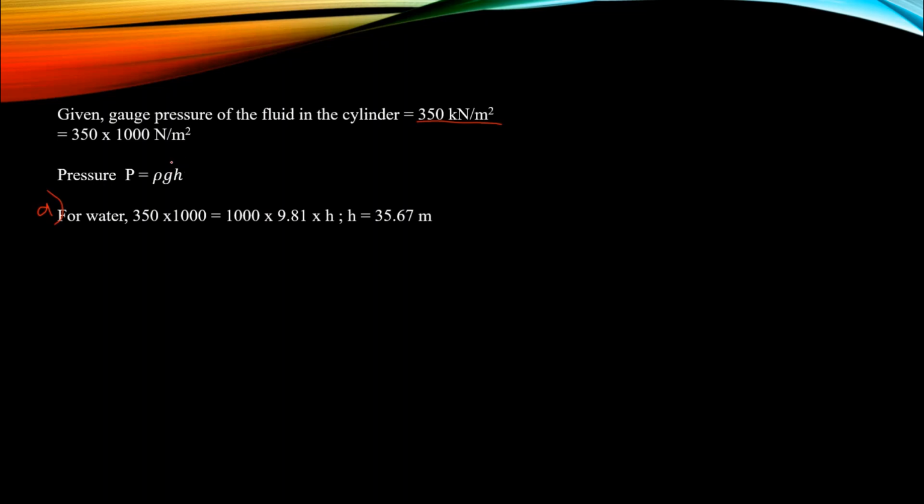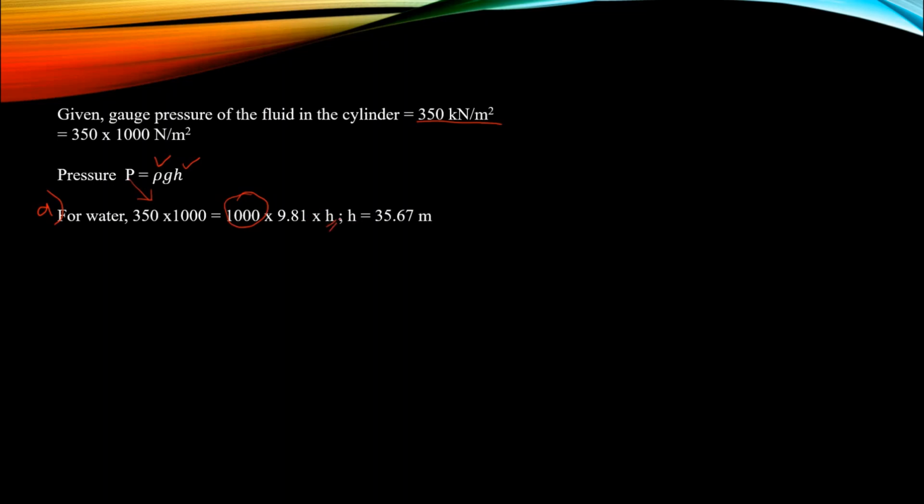When we take water, the density of water is rho and h is the height of the water column. We know the value of P, that is 350 into 10 raised to 3, which is equal to density of water, 1000, into 9.81 into h, where h is the head of water.